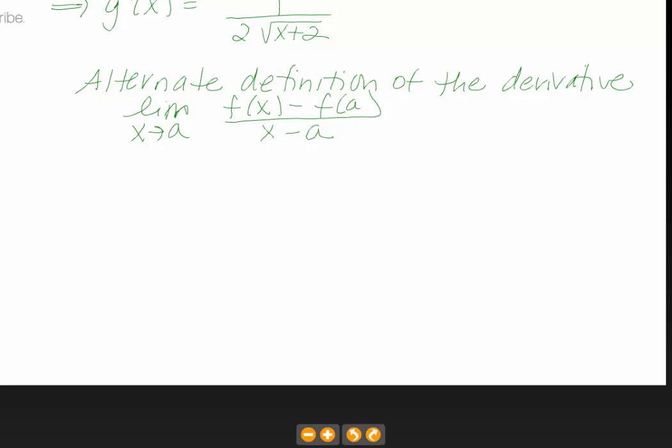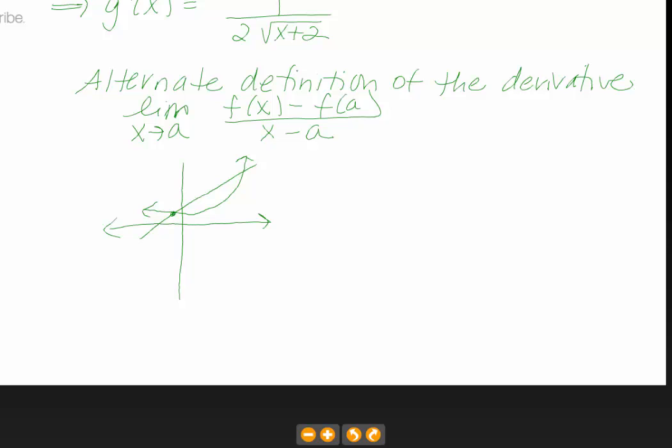If I again draw a similar picture here, I'm going to do a visual the best that I can. I'm just going to draw a curve that's pretty flat and curvy, so that I can show you what's going on. And now I'm going to draw that secant line idea, the same thing that we saw before.